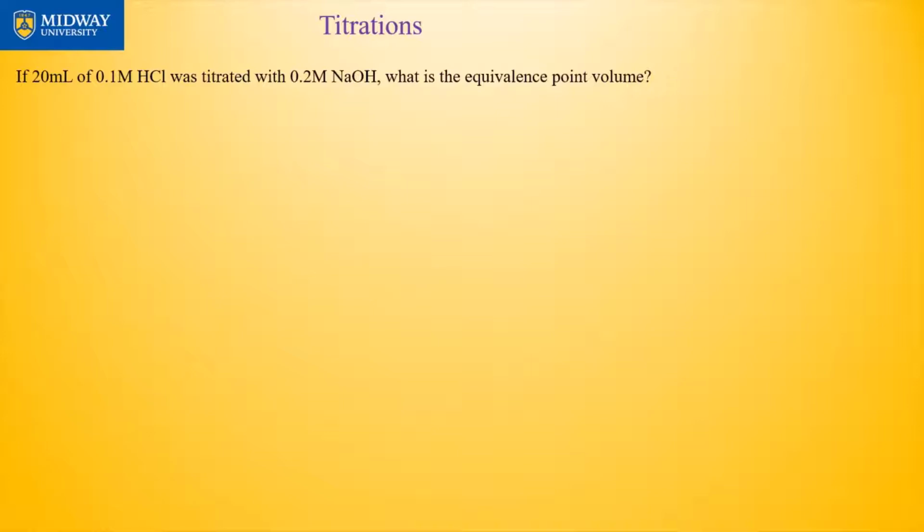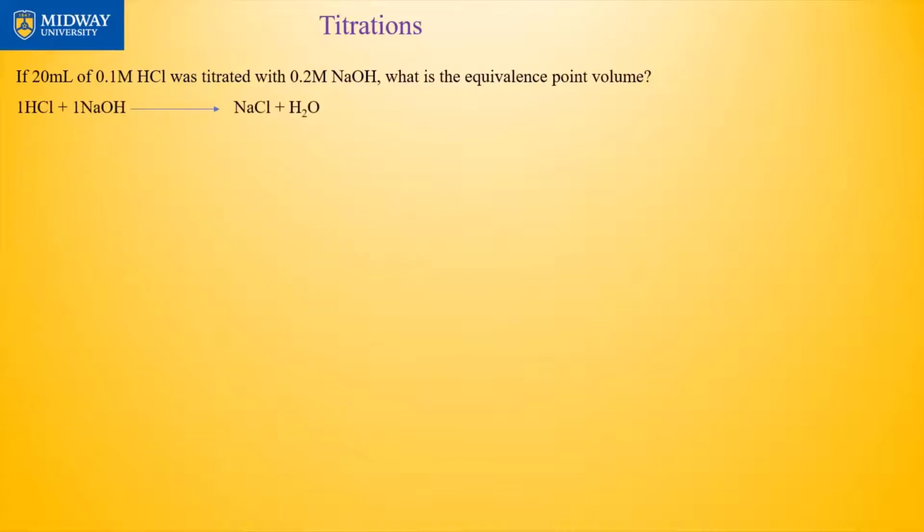Now let's take a look at this first problem, where it says if 20 milliliters of 0.1 molar HCl was titrated with 0.2 molar sodium hydroxide, what is the equivalence point volume? What we're really saying is, where do we expect to see the equivalence point as we begin to add sodium hydroxide into our acid?